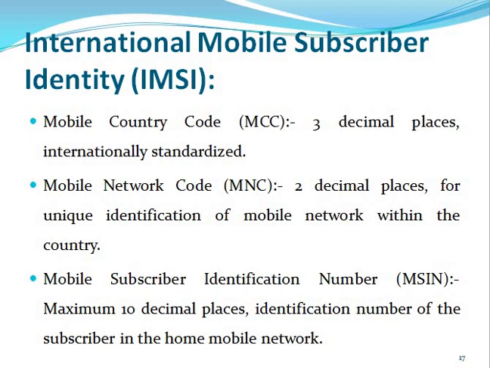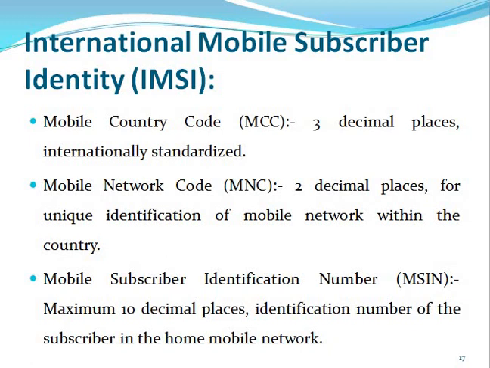Suppose in India the country code is +91. If you call another country, the country code is different. So the first identity tells whether the call goes to another country.